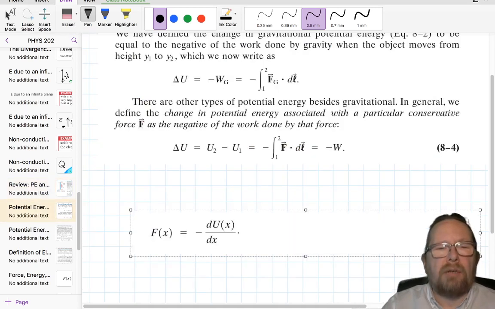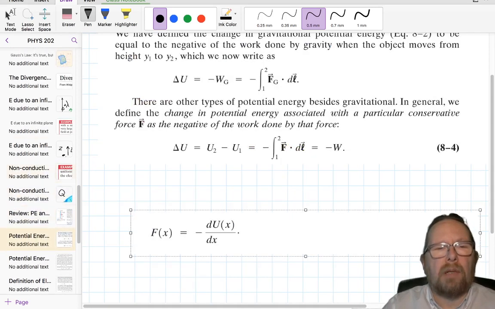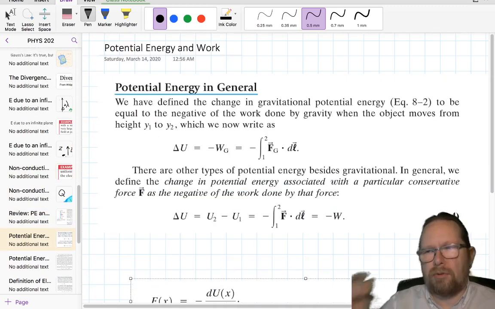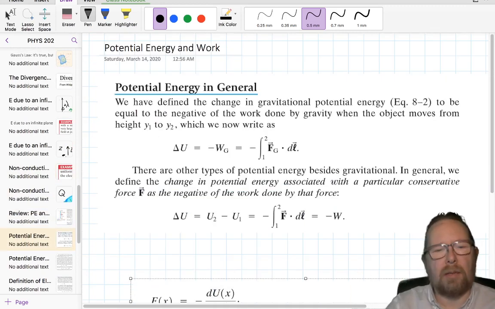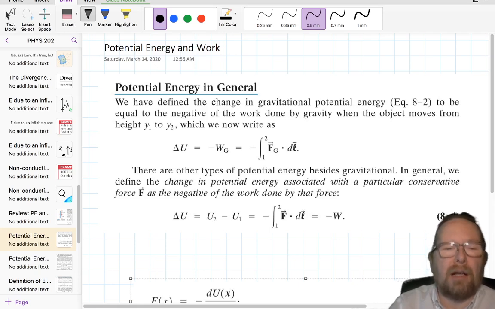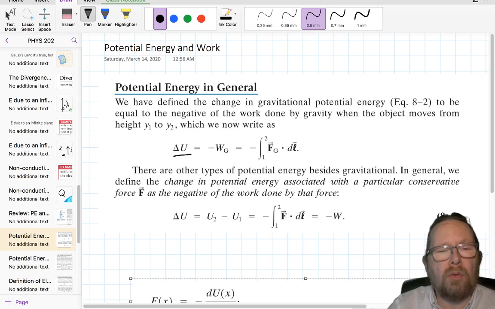Before we relate this to electricity, let's look at a slightly more general expression. If the force you're working against is not constant, you can't just multiply the force times the distance. Then the work done by the force of gravity when you lift it up against that potential is equal to the integral of F dot dl.